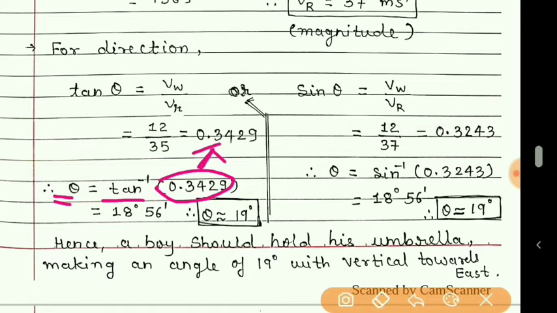Now students, to obtain this value of tan inverse, we have to use a logarithmic table. Here the value is 0.3429. So let us see how we can obtain this angle in degrees from the logarithmic table.